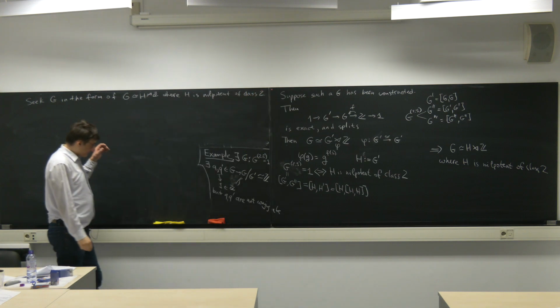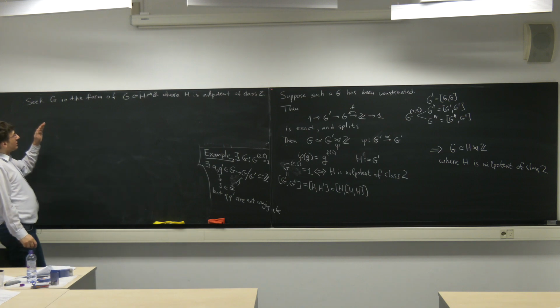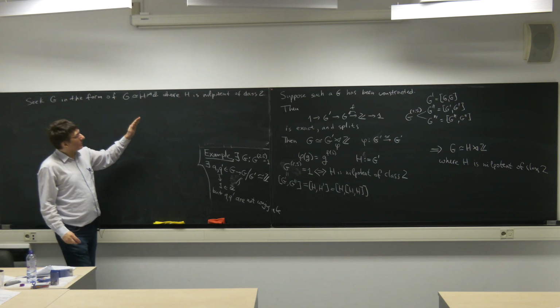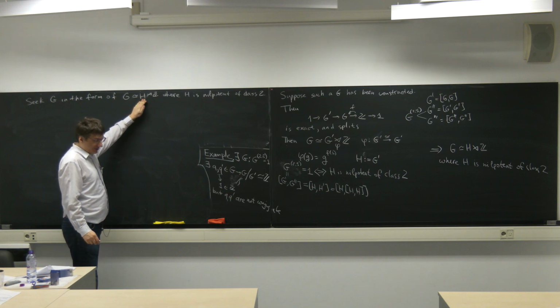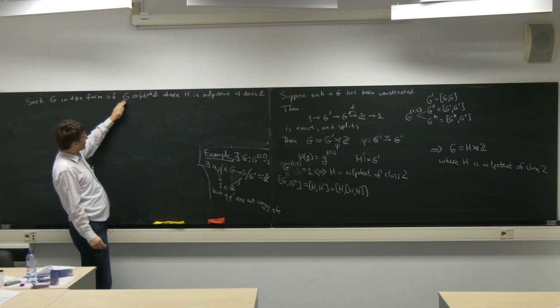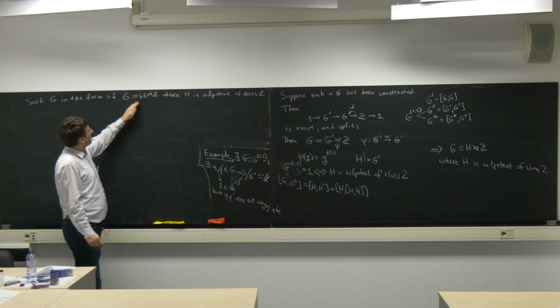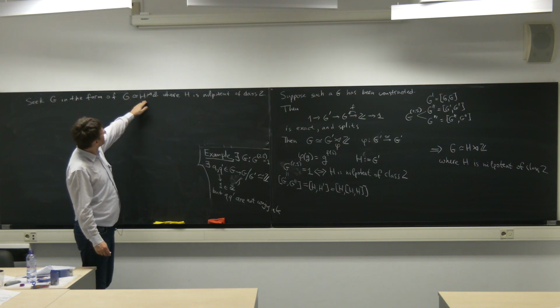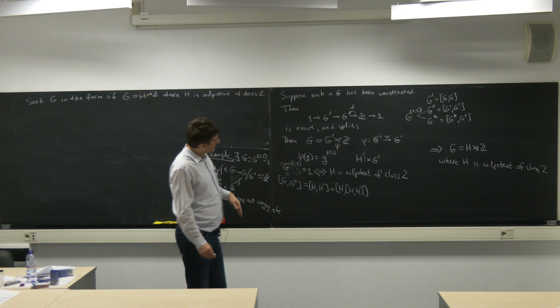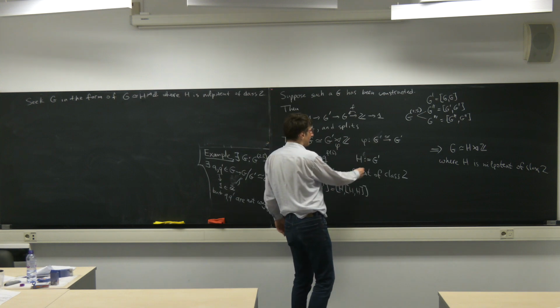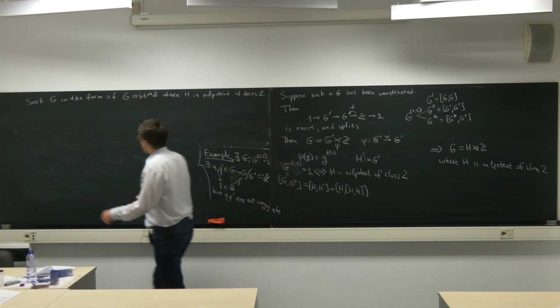But we actually want H to be the commutator subgroup of G. And if we just seek G in this form, H is not necessarily a commutator subgroup.